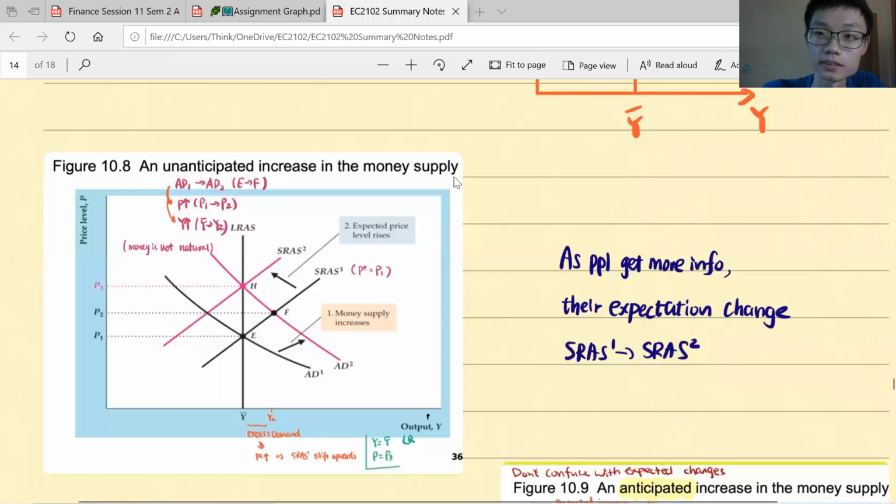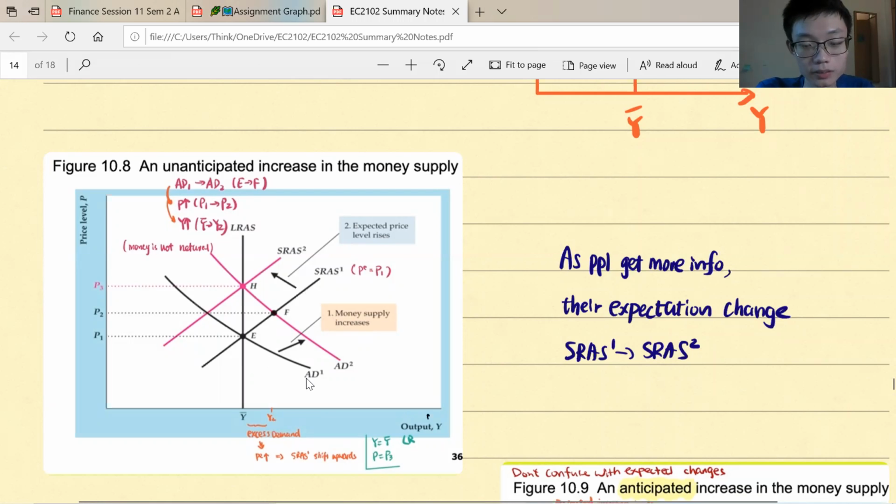So let's work through an example of an unanticipated increase in the money supply. An unanticipated increase in the money supply will increase the AD from AD1 to AD2. I won't explain the reason here, as I have explained it in the previous chapters.